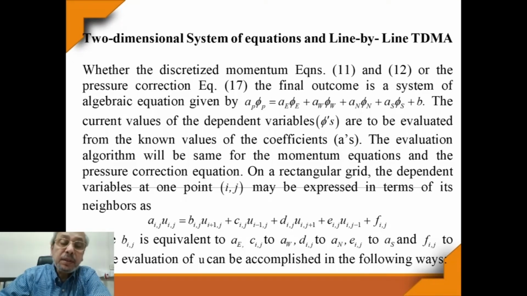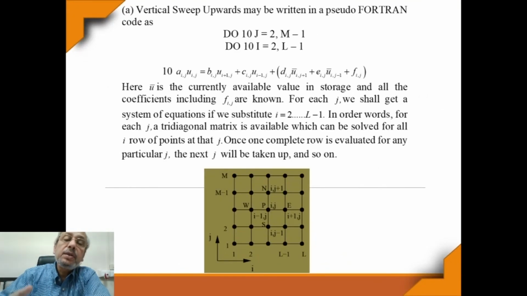The evaluation of u can be accomplished in the following ways. It is not a tridiagonal matrix, but if we can solve in the format of a tridiagonal matrix, we get some advantages. Vertical sweep upwards may be written in pseudo Fortran code or pseudo C code.